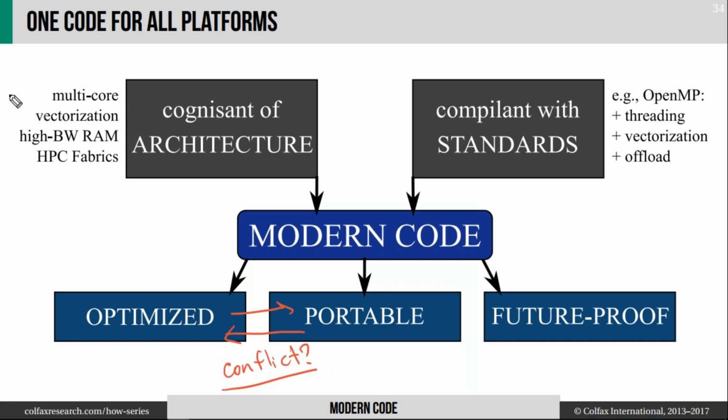There are two parts to it. First, you need to make your application cognizant of the architectural building blocks, such as cores, vector instructions, high bandwidth memory, and fabrics, but not in a way that ties your program to a particular processor. And this you can achieve by relying on standards for high-performance computing.